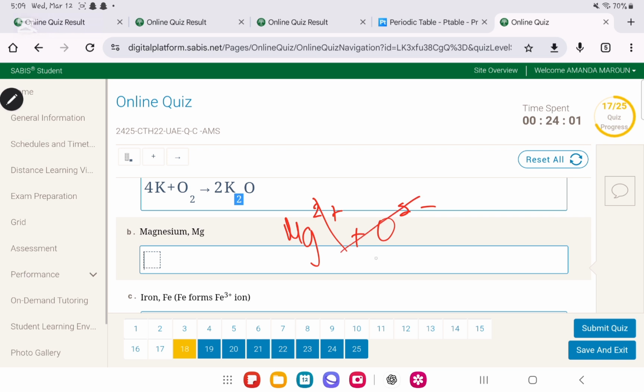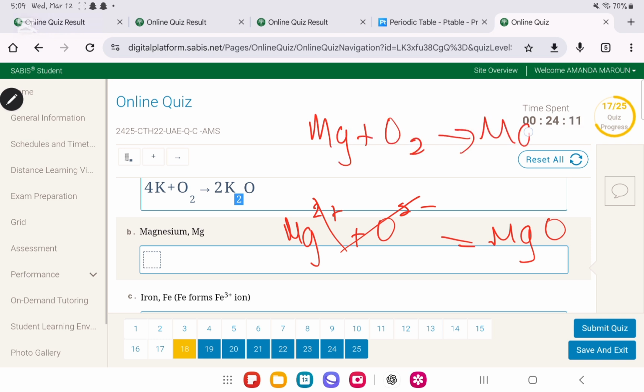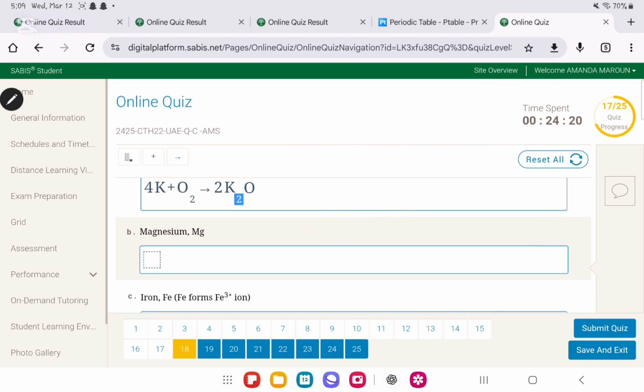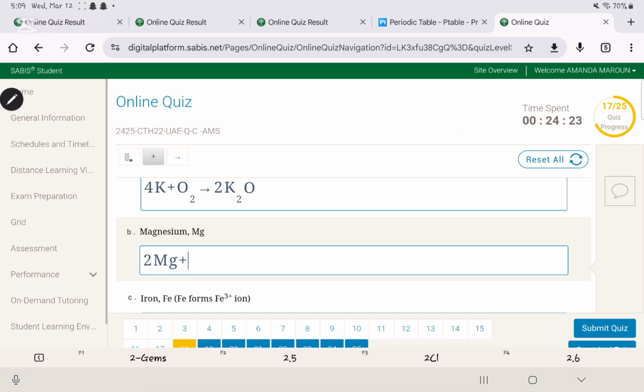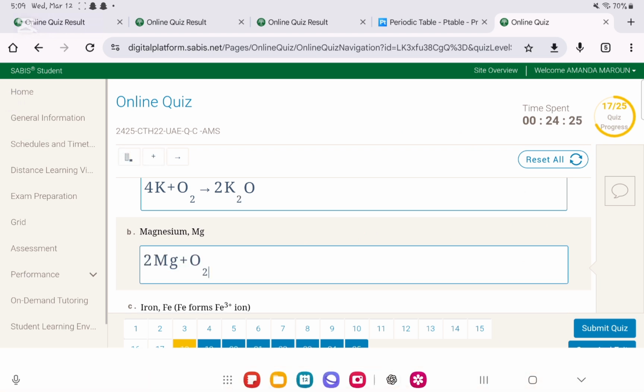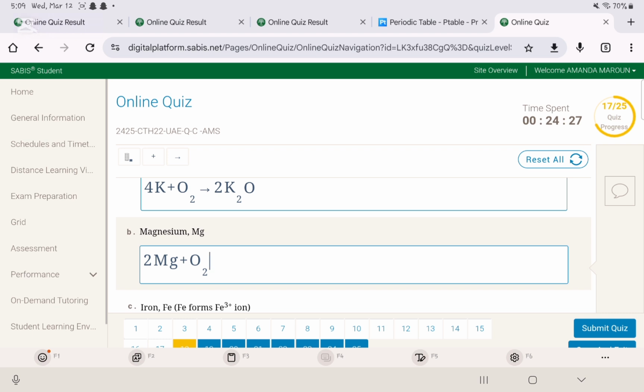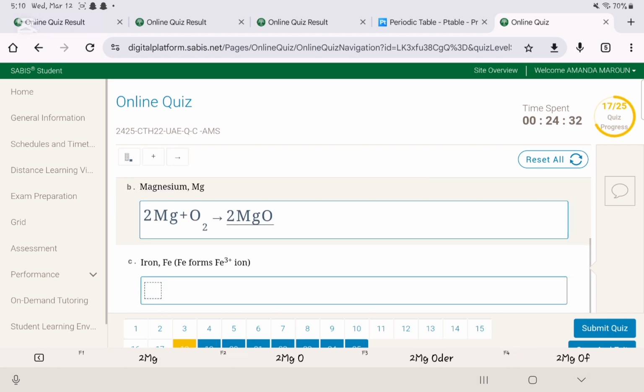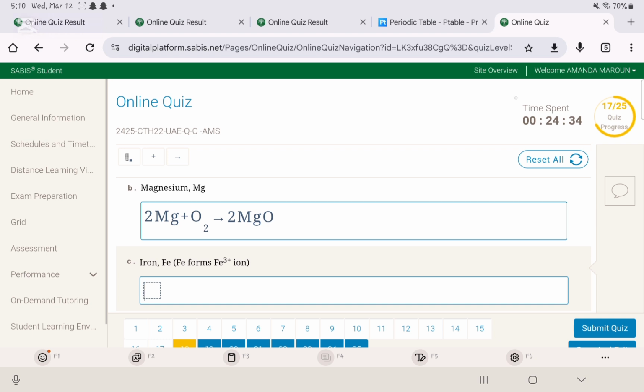You do the crisscross method, you're gonna get MgO. So very simply, it means that Mg plus O2 will form MgO. As you can see, it is not balanced, so you're going to put a 2 over here and a 2 over here. And just like that, it's going to be 2Mg plus O2 will form 2MgO.